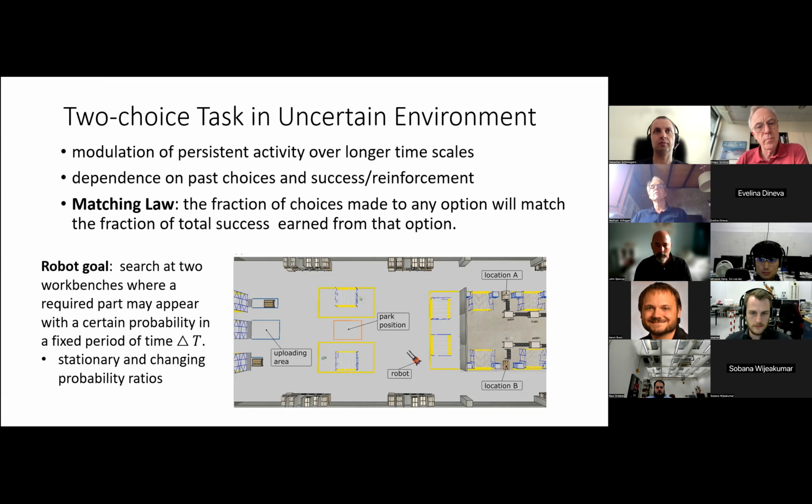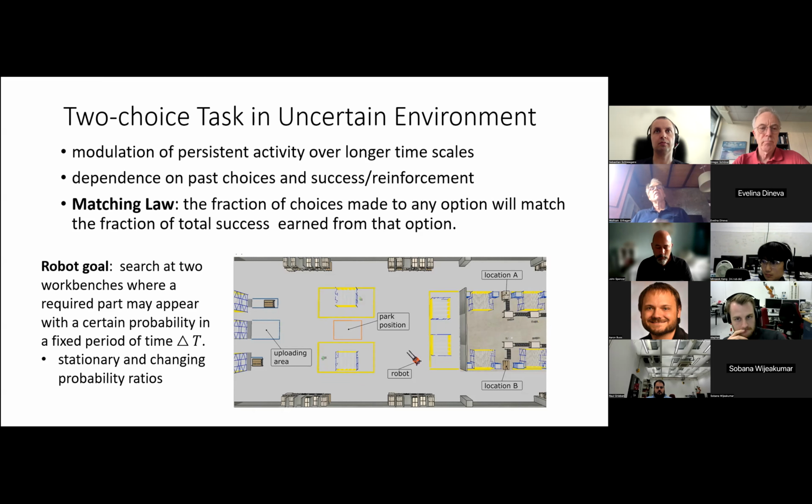So we have to integrate over several trials of past choices and successes to make an informed decision. And what we want is an optimized search behavior, to find as many objects as possible in a certain time interval.